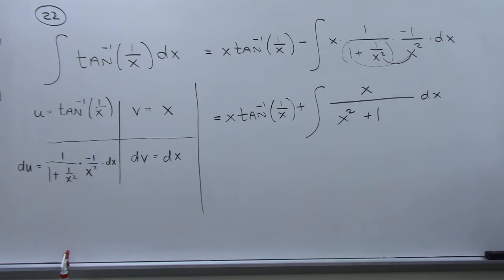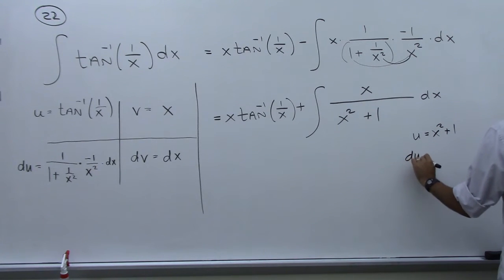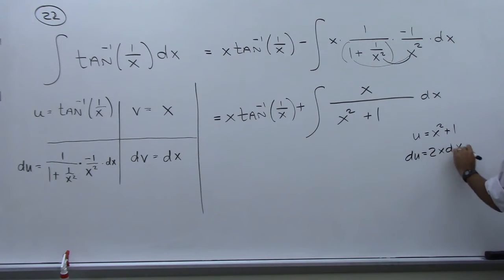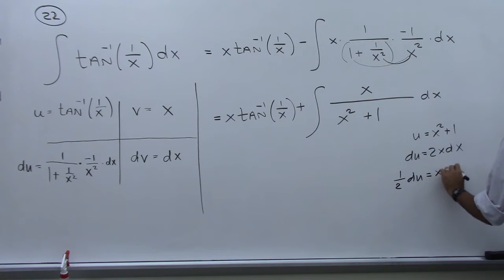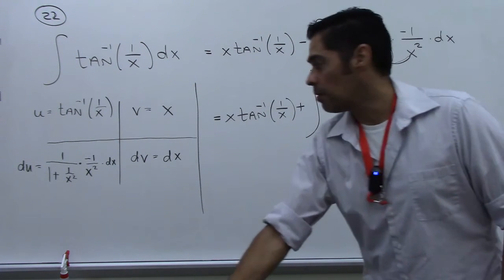But this integral I can do with a basic substitution. If I just let u be the denominator, the derivative of that is 2x dx, and I have an x dx, so I'm only off by 2, so I have to scale this. And at this point, I can rewrite that integral.